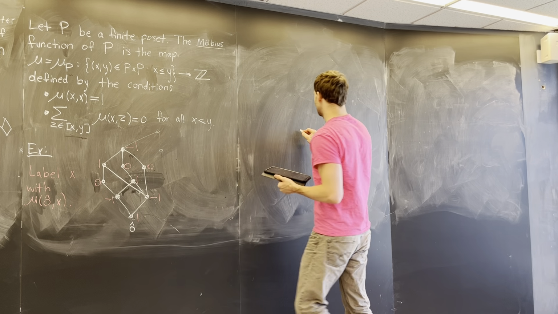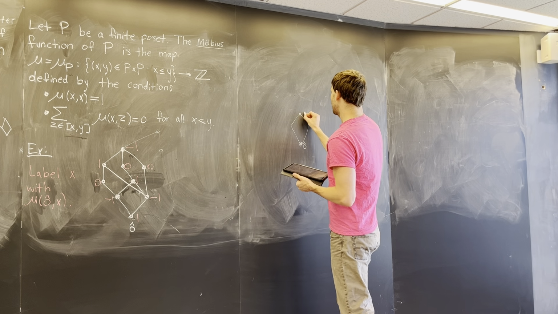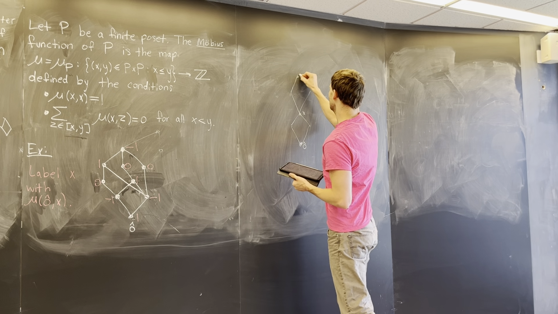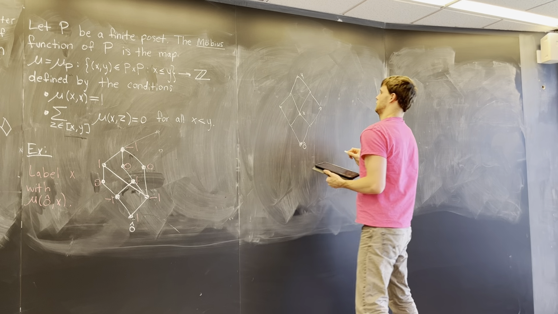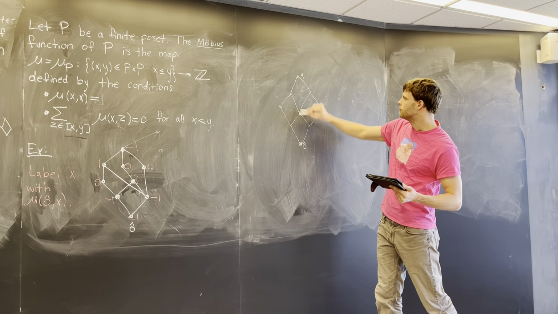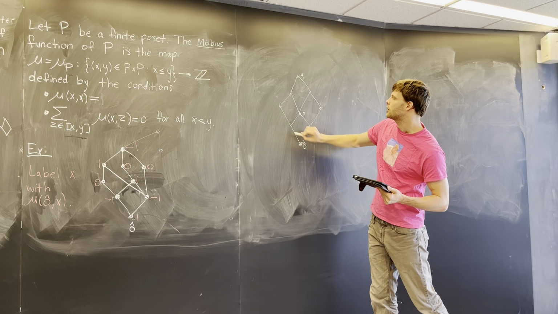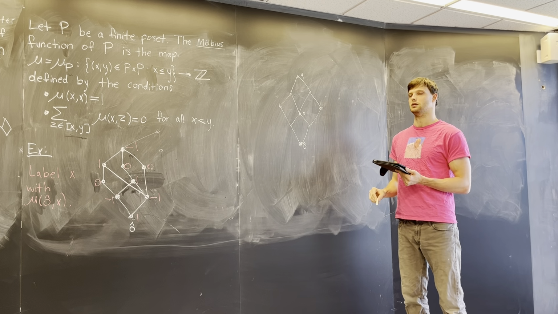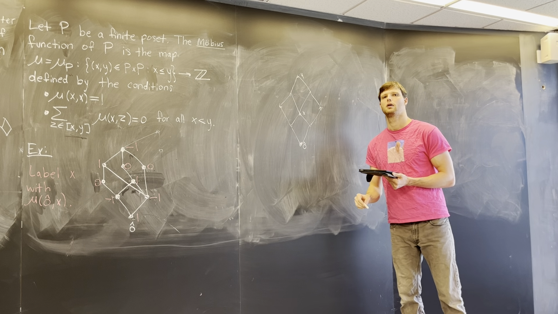Here's 0 hat, and here's x, and here's y, but maybe there's also stuff over here. And mu of 0 hat comma y, that's what you want. The issue is that that's going to involve these things over here as well, and not just the x. Is that what you're asking?